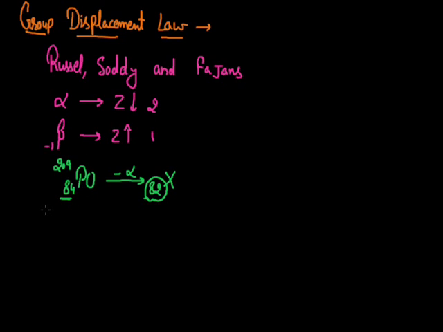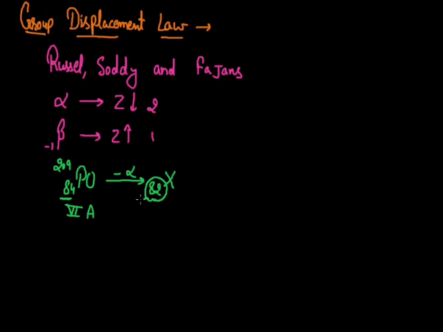If I consider the position of polonium in the periodic table, it is present in the oxygen family, and the group number of polonium is 16, or we can say this is the 6A group. Whenever it goes for alpha decay, the atomic number decreases by 2.